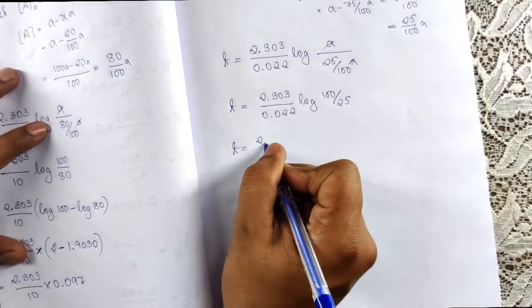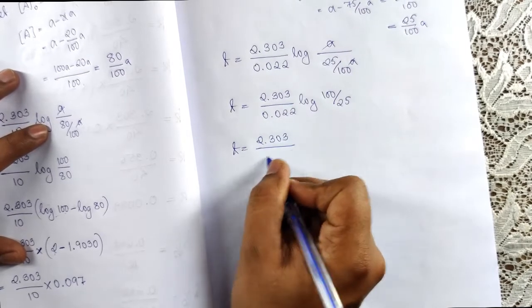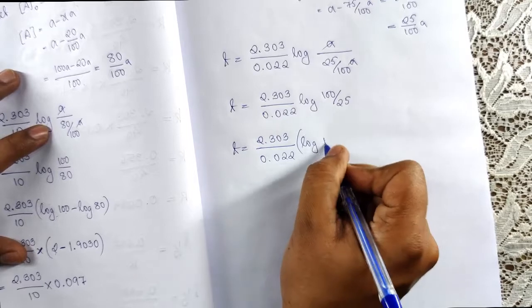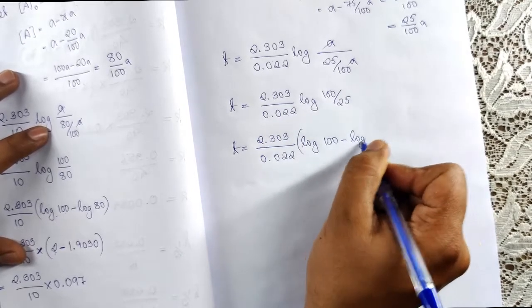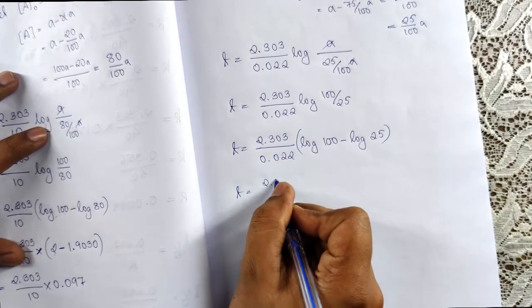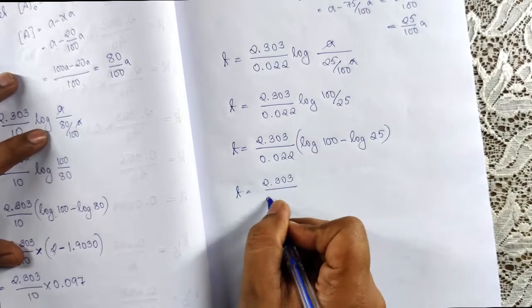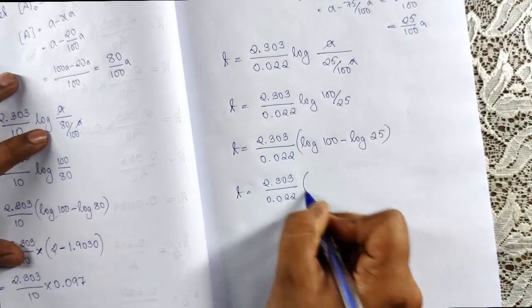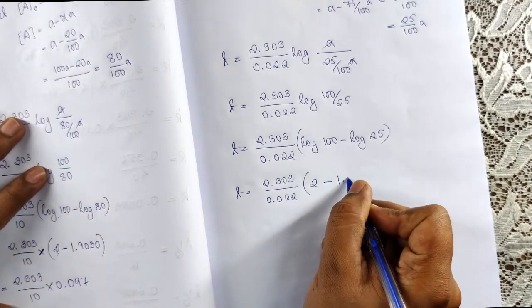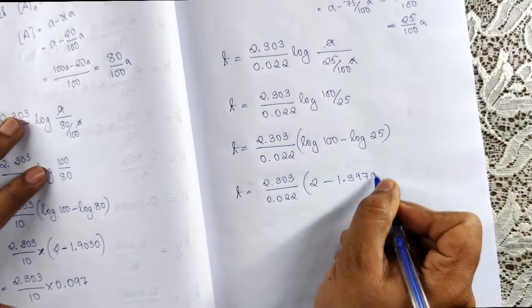So t is equal to 2.303 by 0.022 into log 100 minus log 25. Log 100 is 2, log 25 is 1.3979.